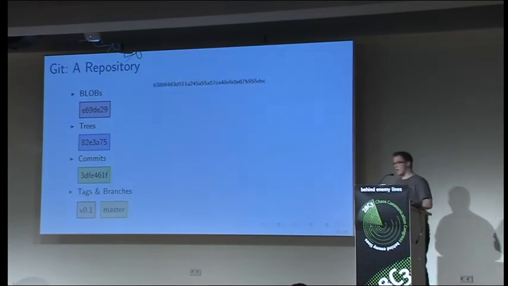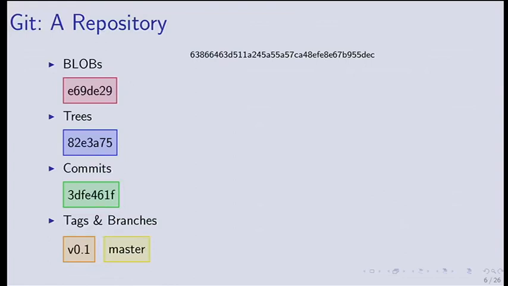And fourth, we have tags and branches. Tags and branches are references to commits, and they are just plain text files. So by default, you have a master branch, and this master branch is a file in your Git directory, and it contains a SHA-1 in ASCII. You can retrieve the commit with this.